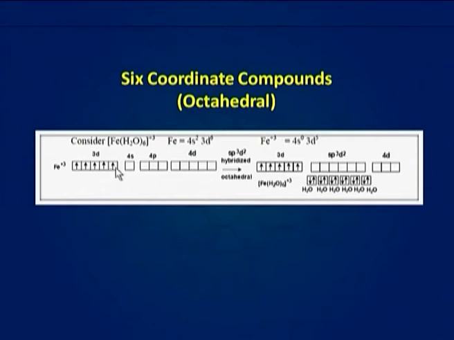Therefore, the 6 orbitals which are required will be one s, three p and two d. The hybridization will be sp3d2, and the complex will have an outer orbital octahedral geometry.